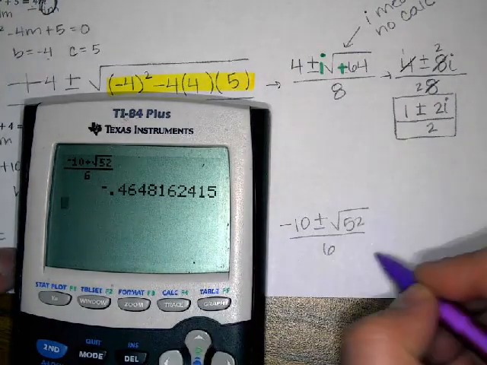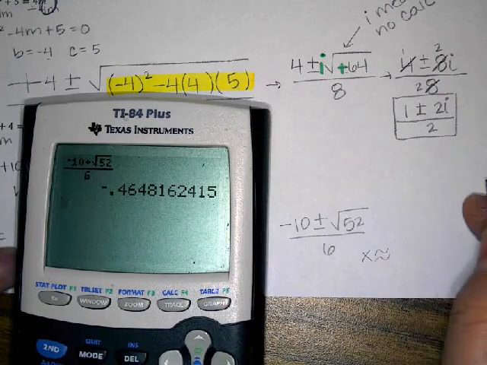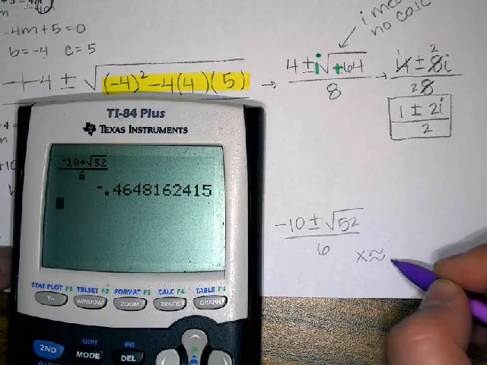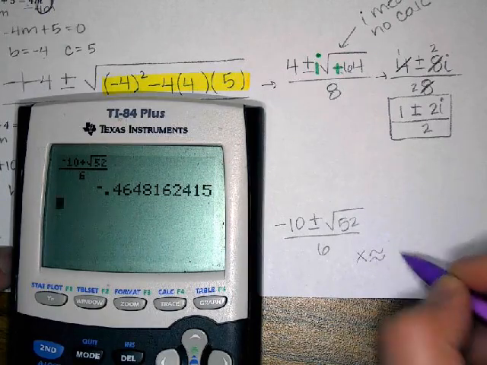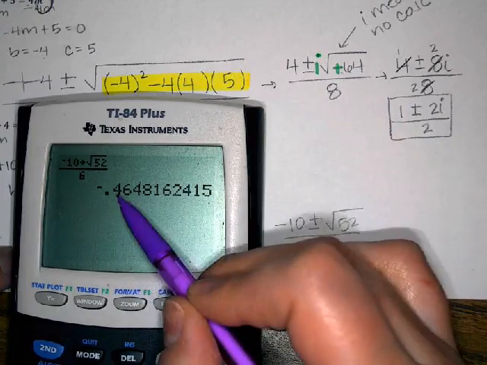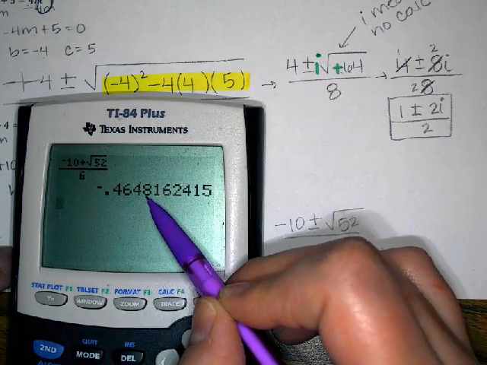That tells the person looking at my paper that I rounded the decimal. You don't have to put a squiggly equal if you don't want to, but I usually put them in my answers. So negative 0.464, but this 4 has an 8 after it, which means I should round it. So 0.465.